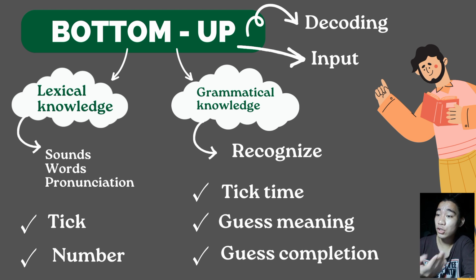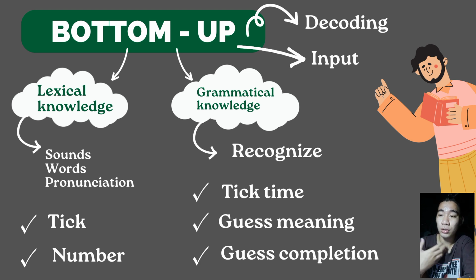Therefore, if you are teaching listening, you should train your students on these three, which are the sounds, words, and pronunciation. You have to develop the lexical knowledge of your students. Some of the activities that you can use with your students are, for instance, number one, to tick: you might give them a list of words and students tick the words they hear.